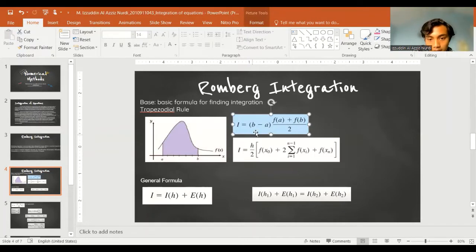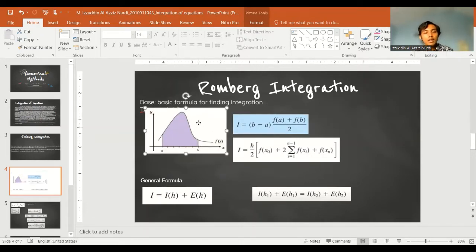This formula is basically the area of a trapezium. b minus a is the height, and f(a) plus f(b) is the sum of the parallel sides of the trapezium.